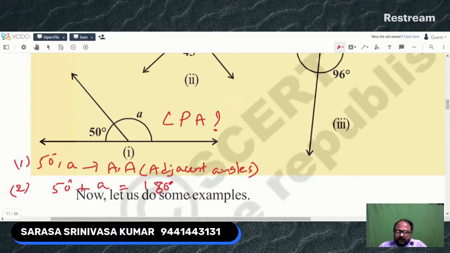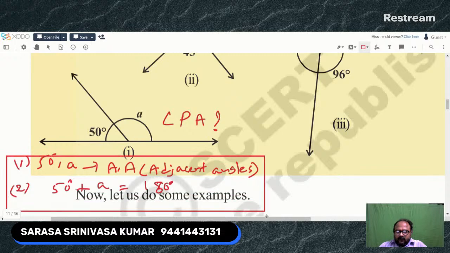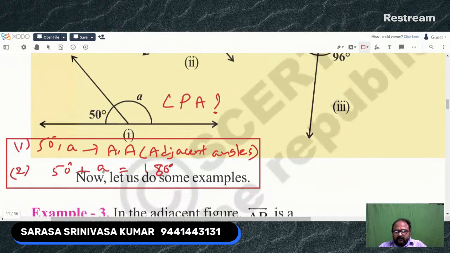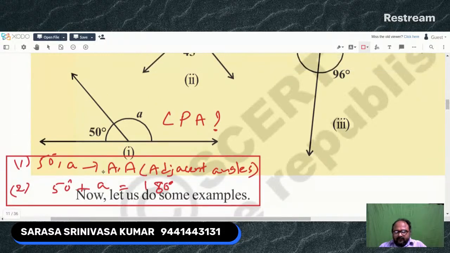Using this property, using this axiom, you can find the value of A. Students can respond. Now 50 degrees plus A equal to 180 degrees. Then what is A? Can you find A?